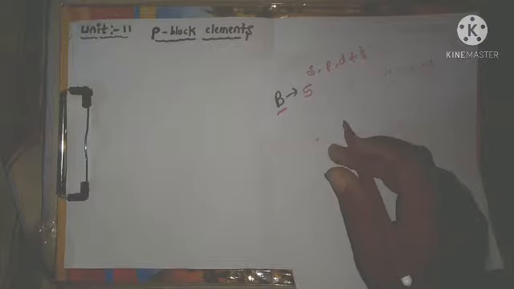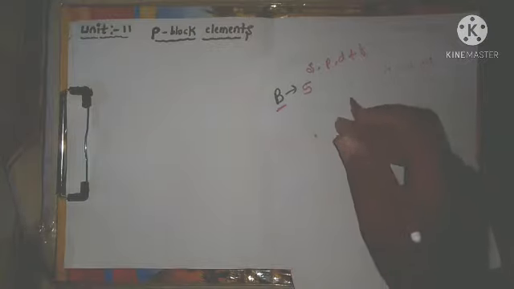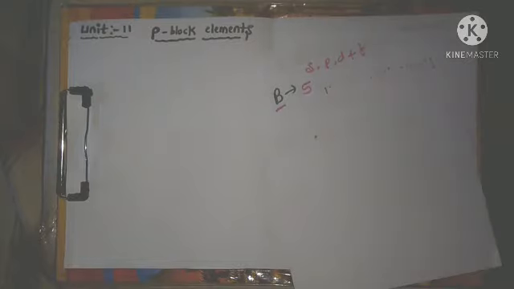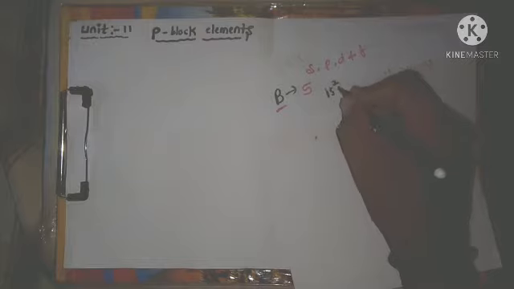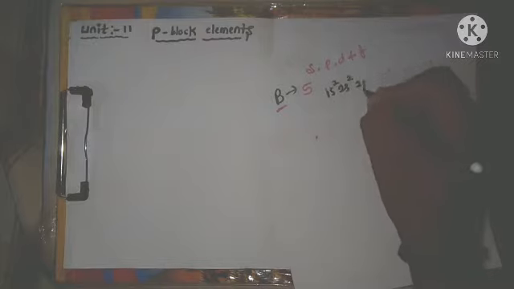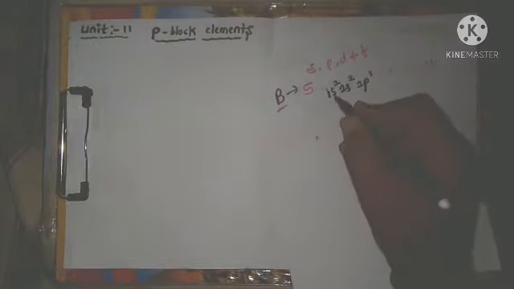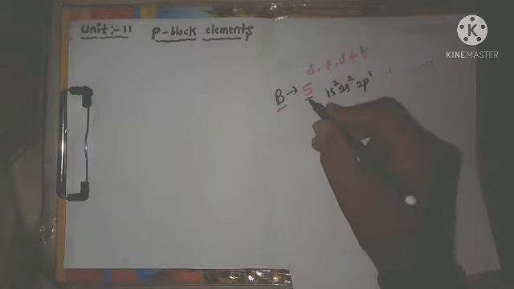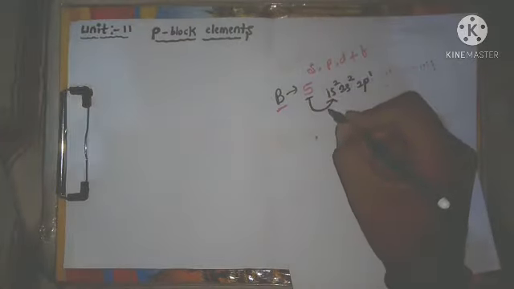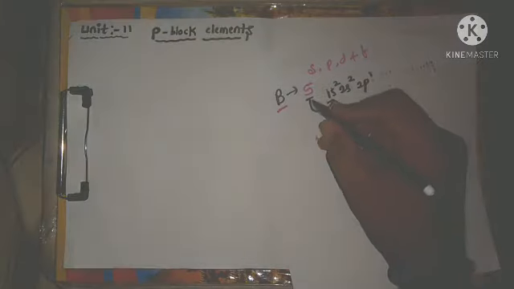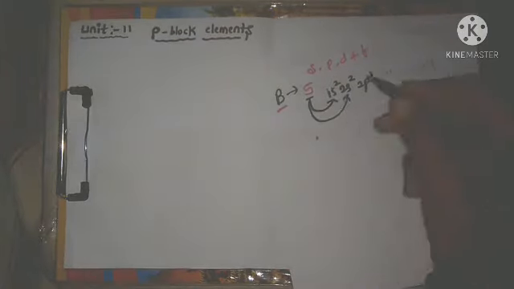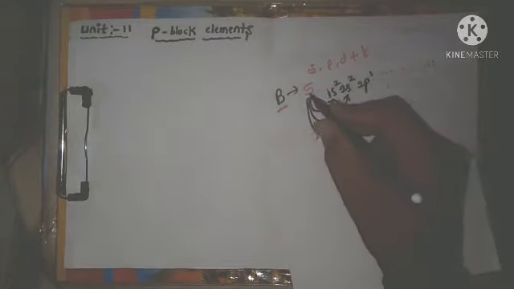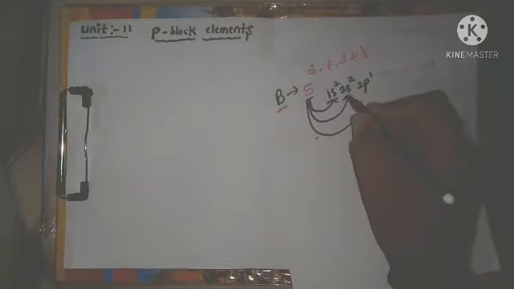What is the electronic configuration of boron? If you write the electronic configuration, it will be 1s2, 2s2, 2p1. Means here out of 5 electrons, 2 electrons are added into the 1s orbital and the next 2 electrons are added into the 2s orbital. 4 electrons are added into the 1s and 2s.